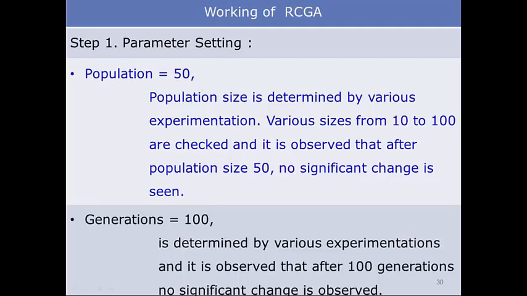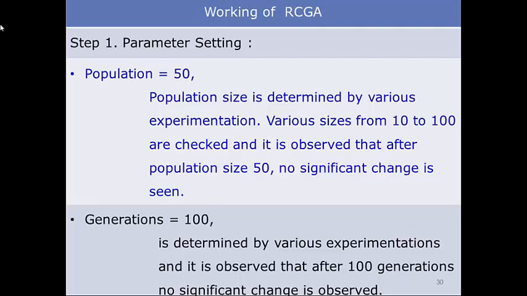In this particular problem there are 18 machines, means the chromosome size will be 1 to 18. Whatever the chromosome or initial solution given by the computer, it will be numbers from 1 to 18. It may be 1, 2, 3, 4, 5, 6 up to 18, or 18, 16, 15, 13, 12, 9, 8, like this.